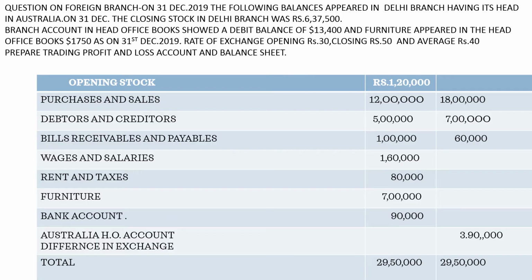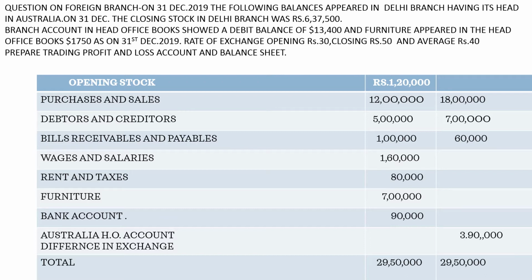Today we are going to discuss a question on foreign branch. On 31st December 2019, the following balances appeared in Delhi branch, having its head office in Australia. The closing stock in Delhi branch was rupees 6,37,500.